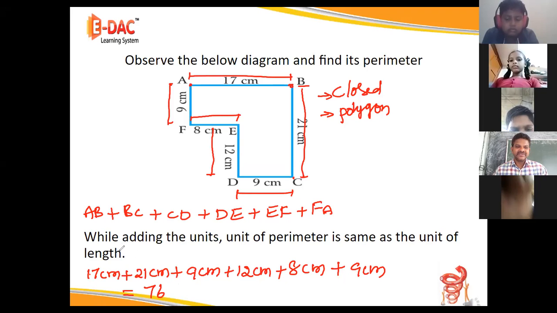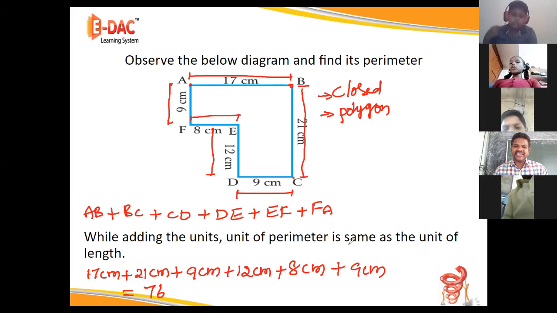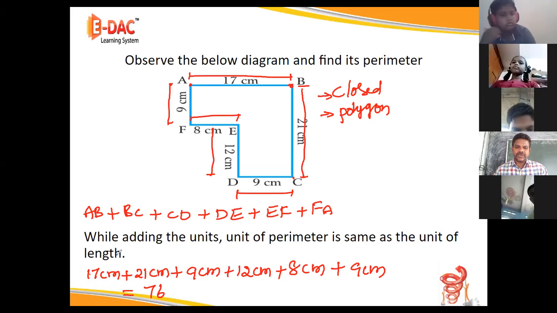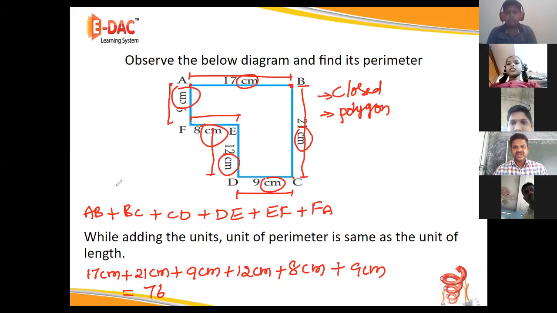What is the unit? While adding, the unit of perimeter is the same as the unit of length. What is the unit of length given in the question? It is centimeters. Look, here we only have centimeters: 9 centimeters, 21 centimeters, 17 centimeters, 12 centimeters, 8 centimeters, 9 centimeters.